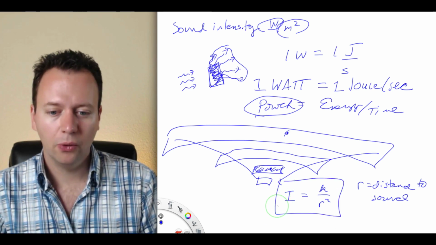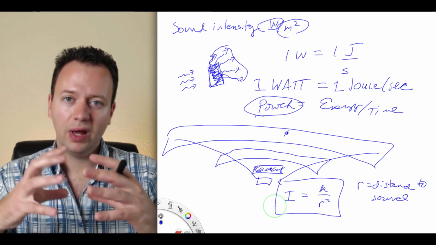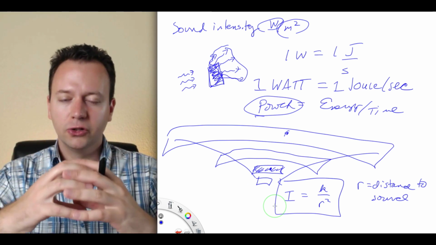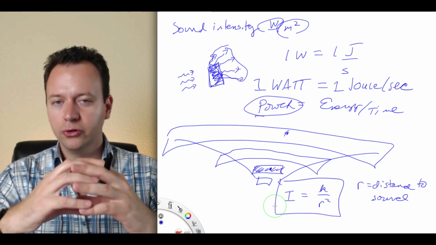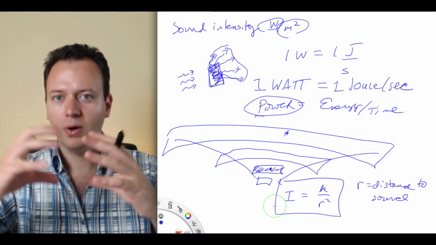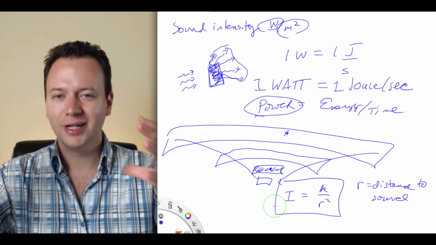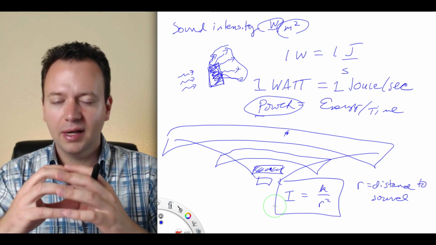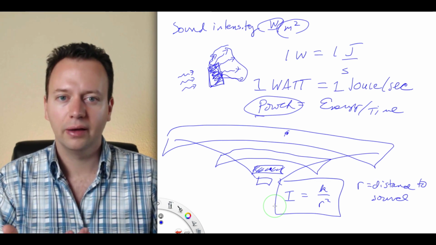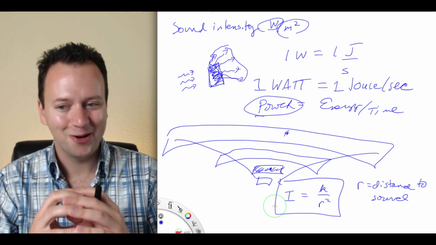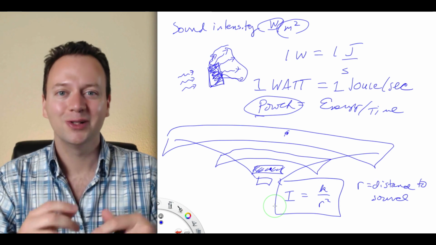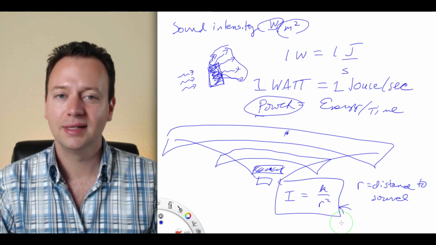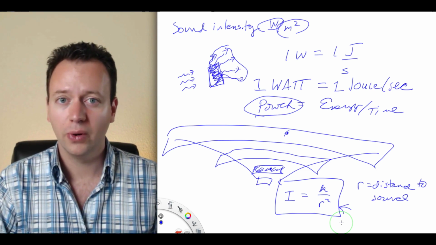The reason this works is that sound waves radiate in spheres. Since the surface area of a sphere is proportional to the radius squared, if you're twice as far away, the surface area is 4 times as large. It's for that reason that the sound intensity is inversely proportional to the radius squared.